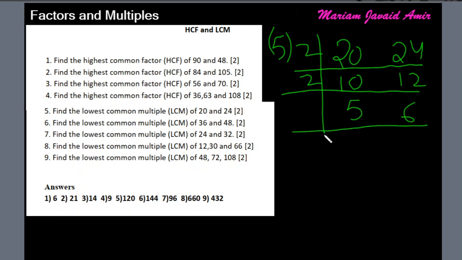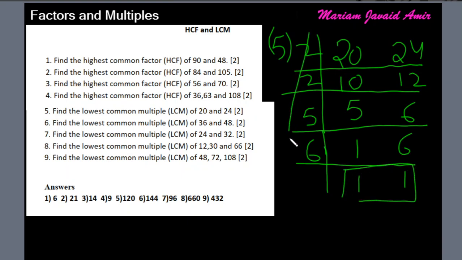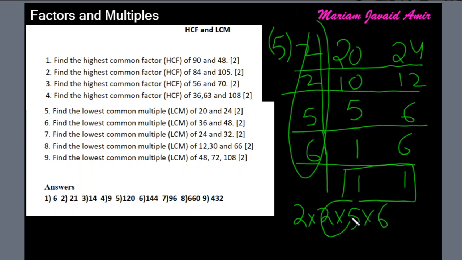And now for LCM we don't stop till we get 1 and 1 here, so just use 5. 5 will only divide this 5 by 1, and 6 stays untouched, and then write 6 again. 1 stays the same, and 6 divided by 6 is 1. So we got 1, 1 in the end, so now we'll multiply all of these to get the LCM. So 2 times 2 times 5 times 6, this becomes 10, this becomes 12, so 12 into 10 is 120.